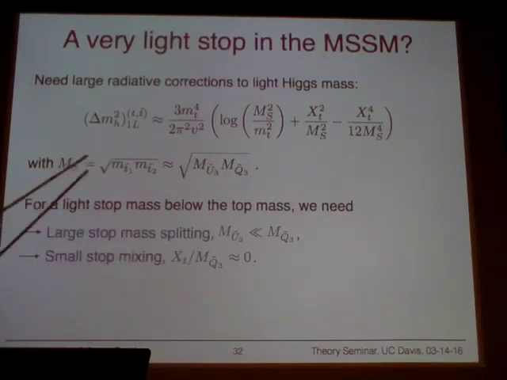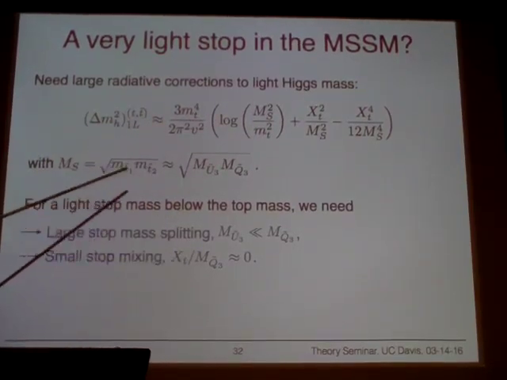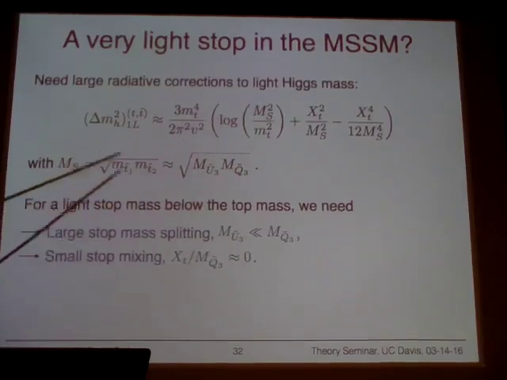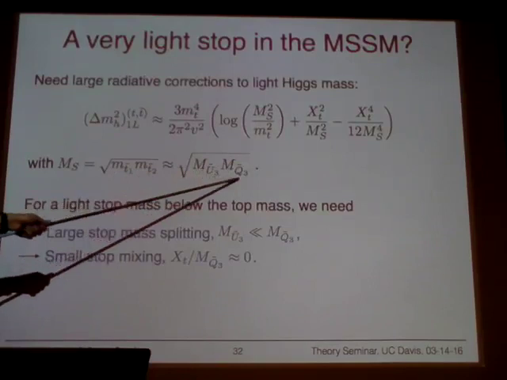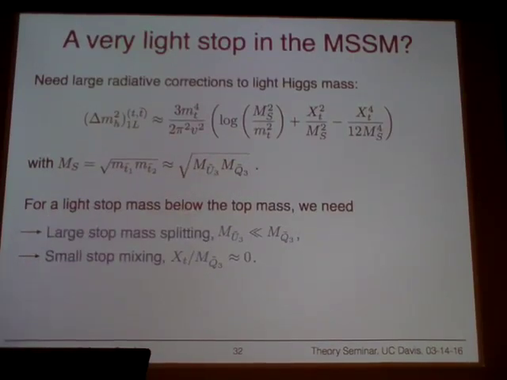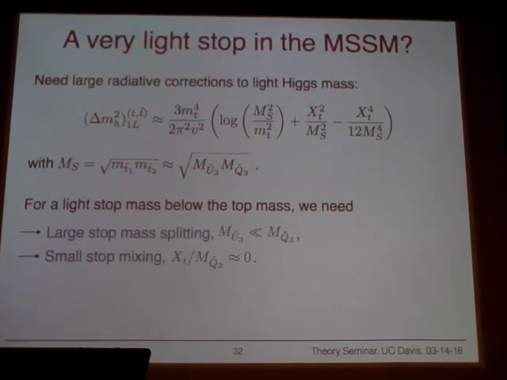So these are the radiative corrections to the Higgs mass, and in order to get a 125 GeV Higgs, you have to have an S of the order of a TeV. So you can achieve this by just making this multi-TeV, and then you can get low to very low values of the right-handed stop mass.